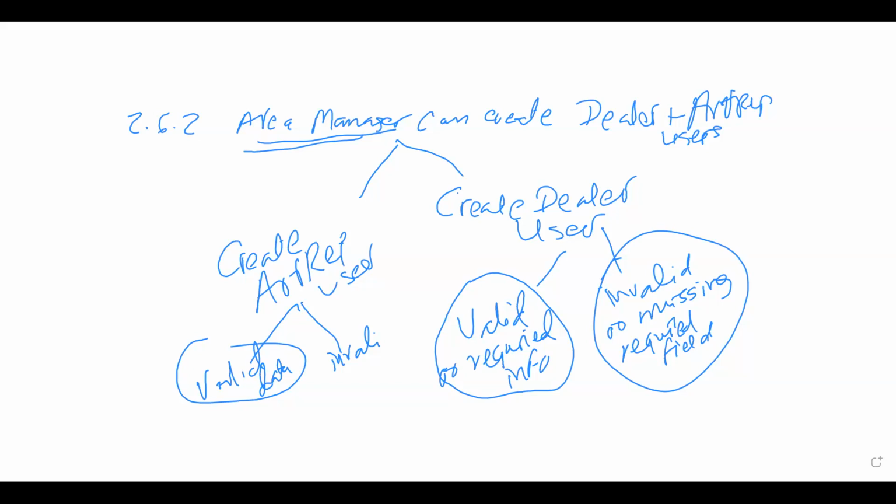If I provide only the first name and last name and don't provide any other information, then I will not be able to create it because it is missing some data. That scenario is called invalid data. And then you repeat the same thing for the dealer user, by providing all the information and then providing the missing data. All right, got it. Thank you.